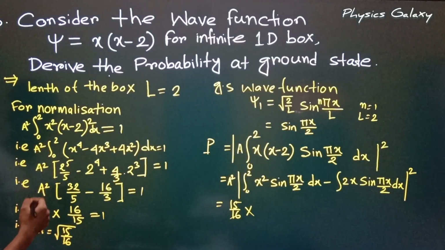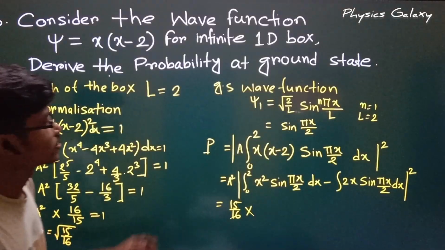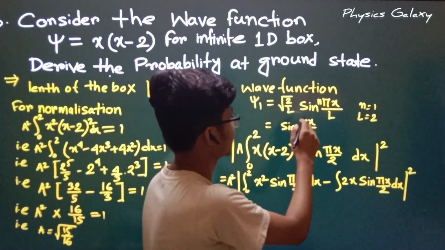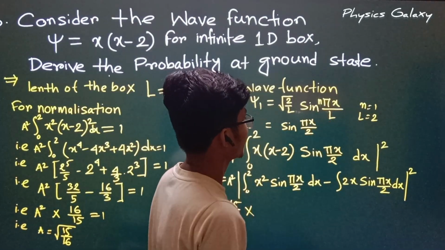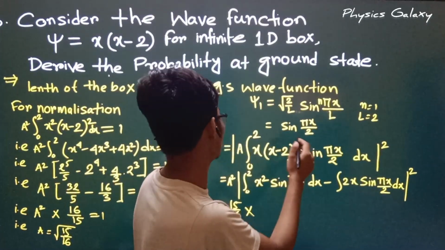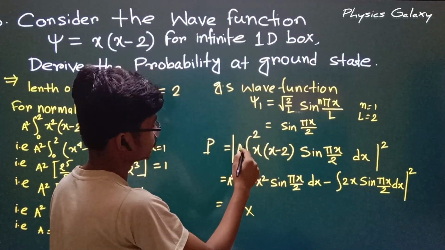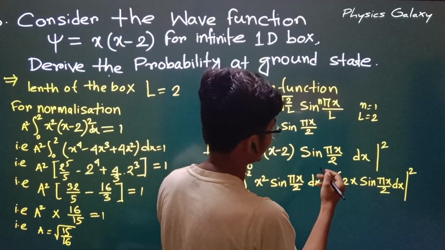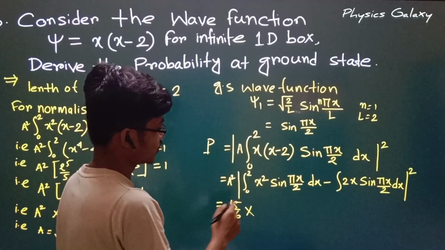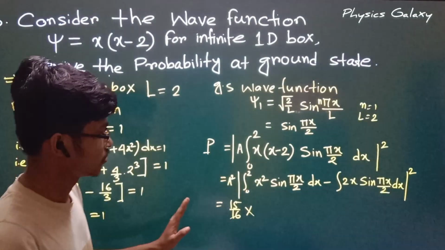Solving the integration, I got A equals root 15 by 4. Then, the well-known result for the ground state wave function is psi 1 equals root 2 by L sin of n pi x by L, where for the ground state n equals 1 and L equals 2, so it equals sin pi x by 2. For the probability, I wrote this formula: A times the integral from 0 to 2 of x into x minus 2 into sin pi x by 2 dx, whole squared. They asked me to stop here and move to the next topic.